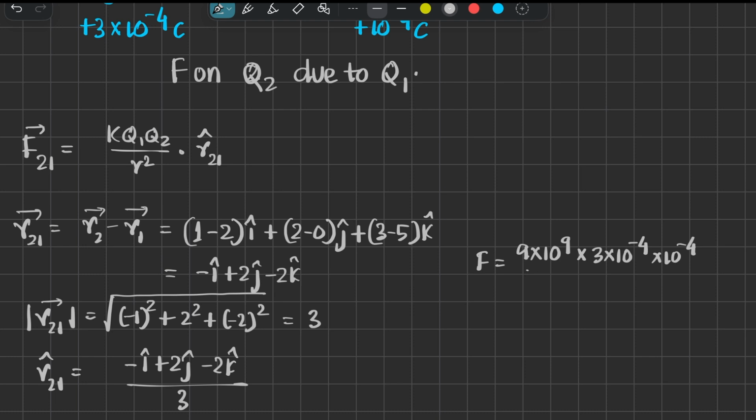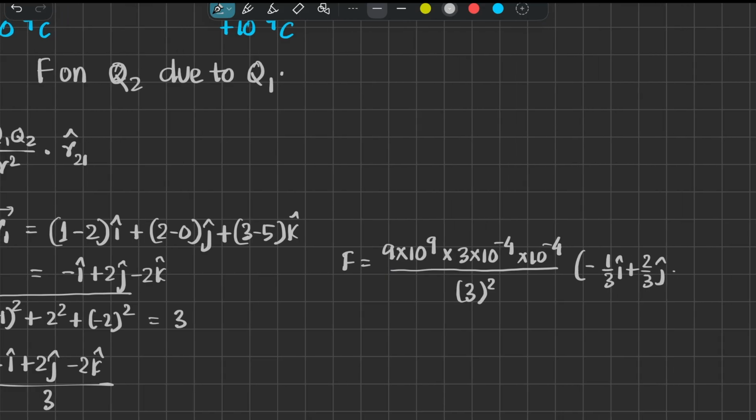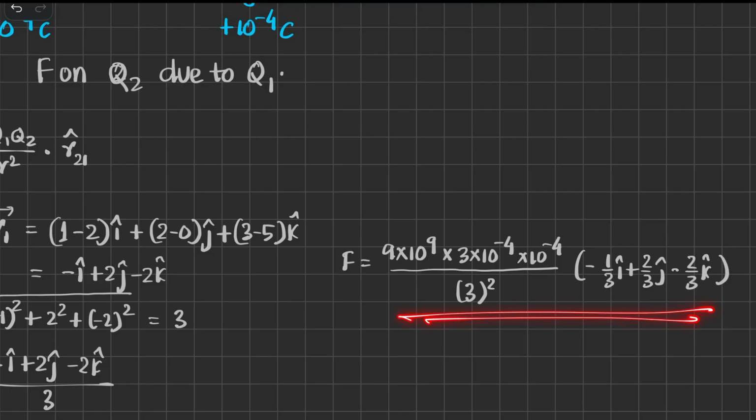So k Q1 Q2 by r square, r is 3, so 3 square. Now the unit vector we need to write, which is minus 1 by 3 i cap plus 2 by 3 j cap minus 2 by 3 k cap. Now solving this will give us the final result.